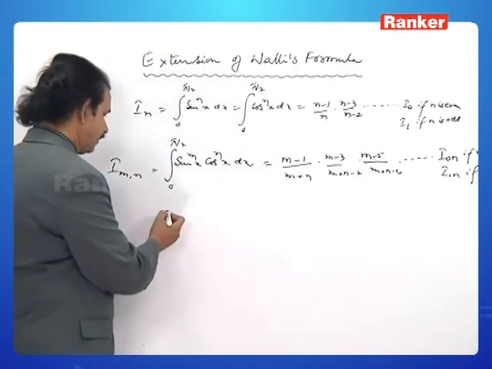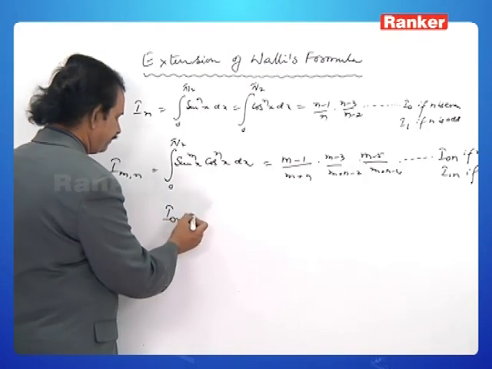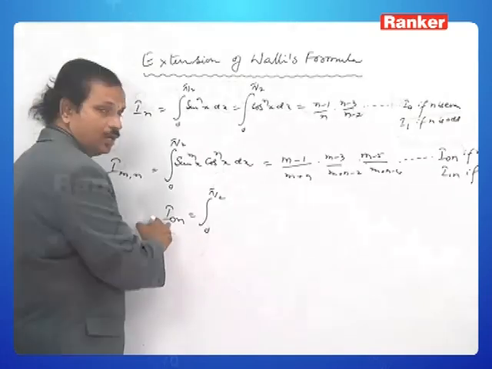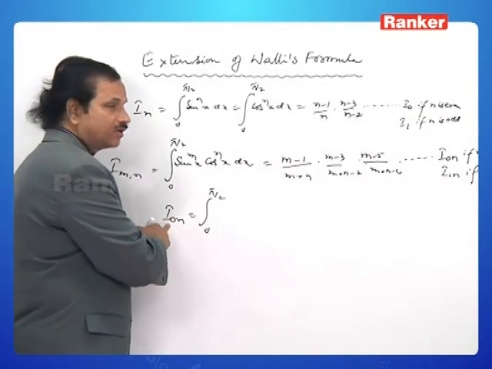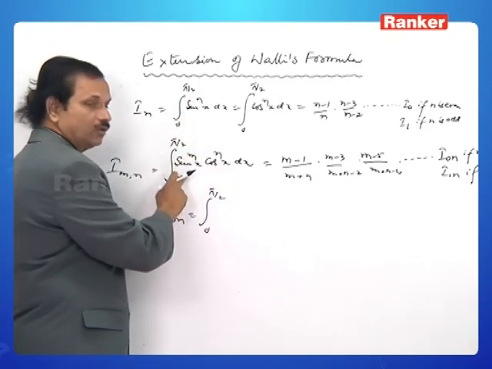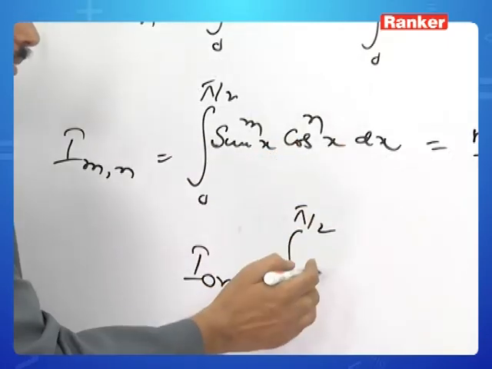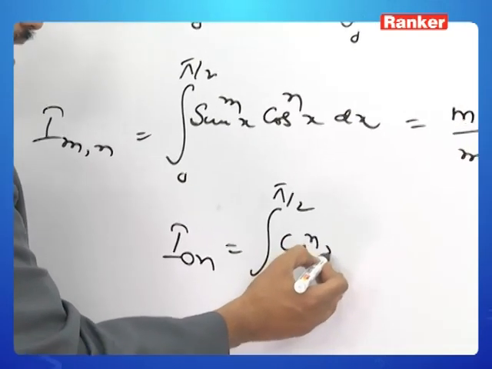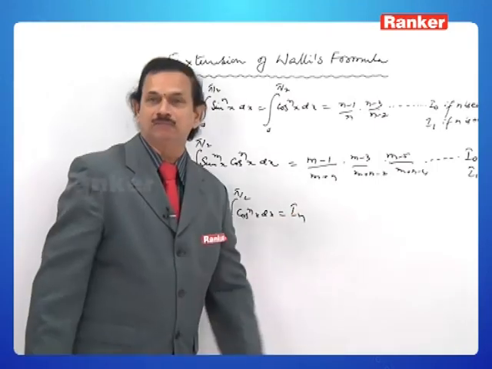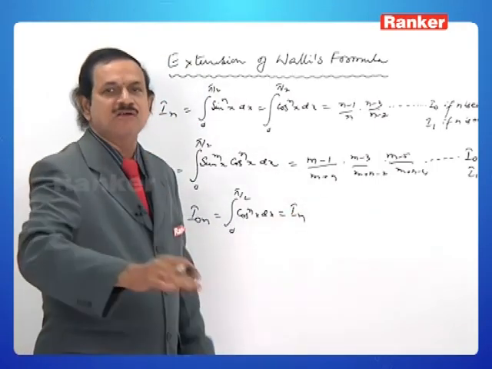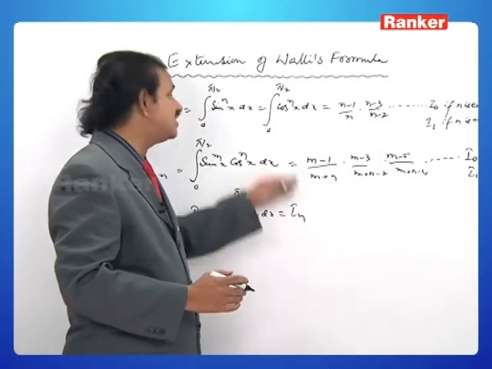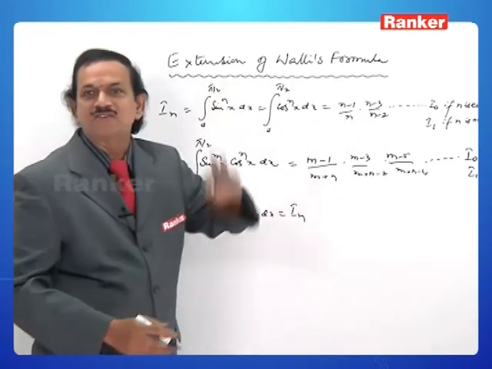What is I0n? Integral 0 to pi by 2. Come on. In the place of m, you are supposed to take 0. Sin x power 0 is 1. 1 into cos^n x becomes cos^n x, which is already known to be In. And you make use of all the formalities of In which were already dealt with in Wallis formula.